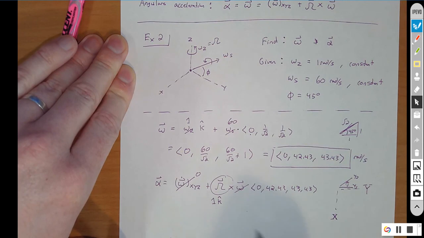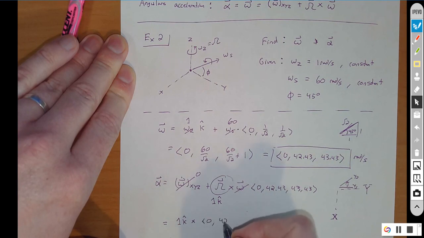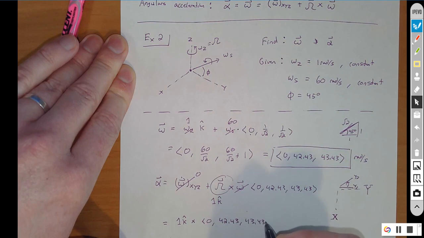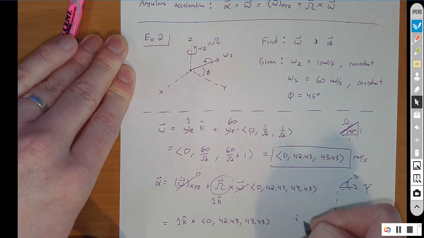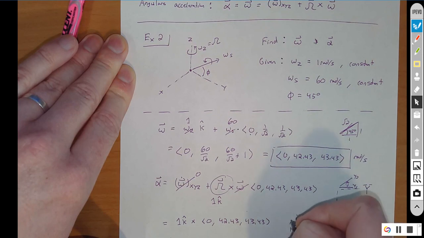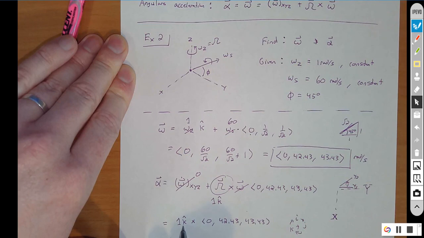So then we just do the cross product here. Let me rewrite it so you can see what we're doing. We have 1 k hat, and we're going to cross that with 0, 42.43, and 43.43. Make our little diagram here, i, j, k, so we can do our cross products really quickly. We're going to have a k hat with a 0, so that's going to do nothing.